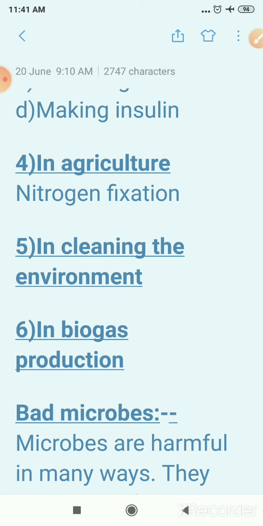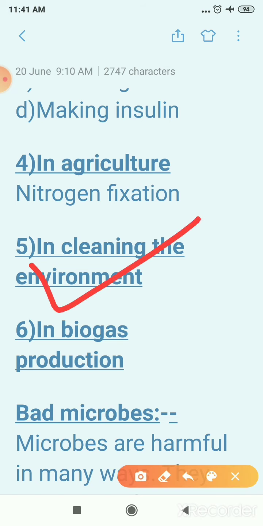Some blue-green algae also fix atmospheric nitrogen. In cleaning the environment, microorganisms such as bacteria, fungi and protozoa clean the environment by decomposing dead organisms.